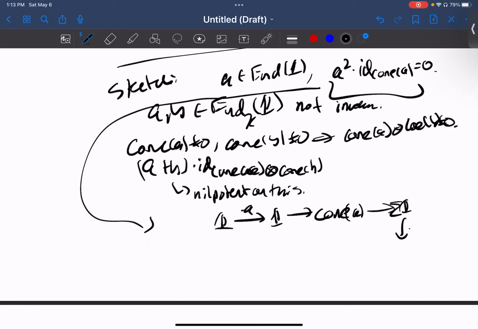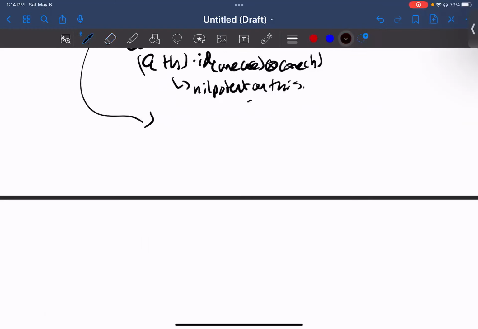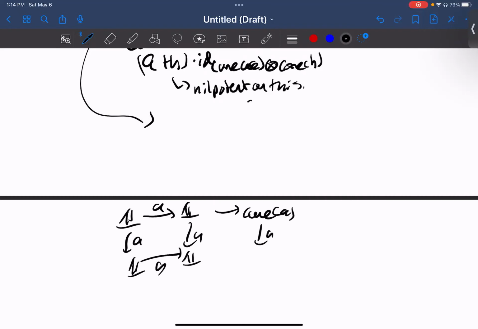And then down here, A, A. Let me expand this diagram a little bit so that it's a bit easier to see. We can just name all of these.